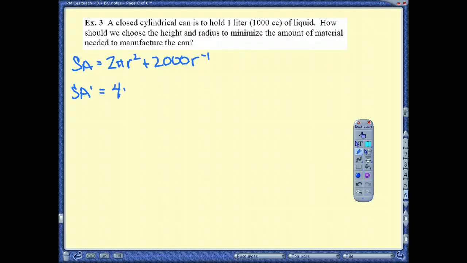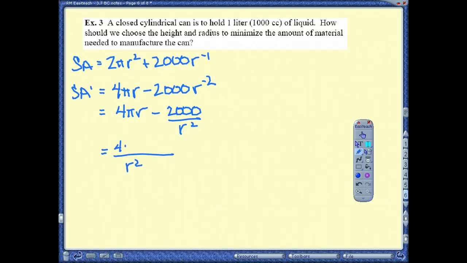That's going to give us 4 pi r minus 2,000 r to the negative 2, which would be 4 pi r minus 2,000 over r squared. Get a common denominator. It's going to make your life easier in the long run. 4 pi r cubed minus 2,000.